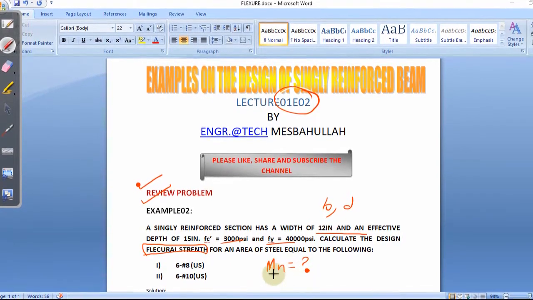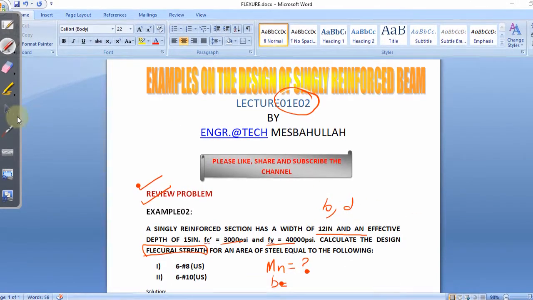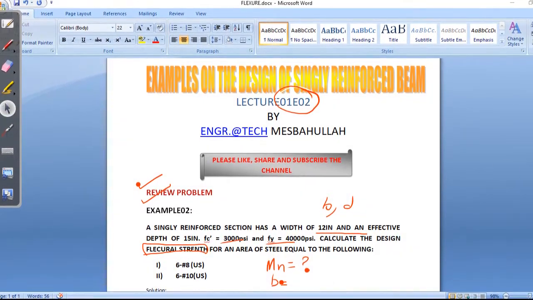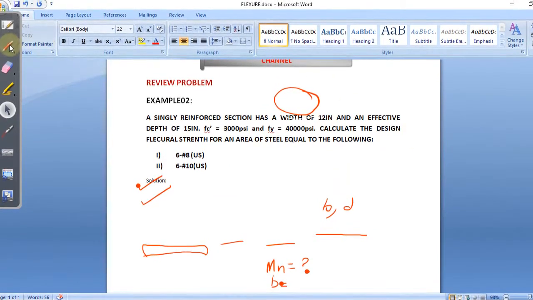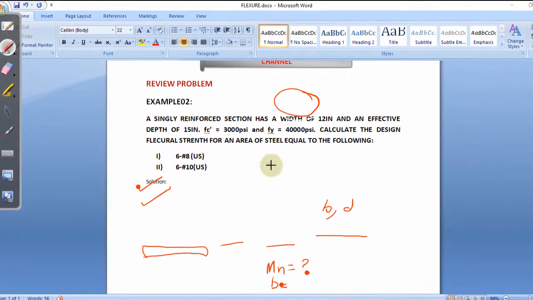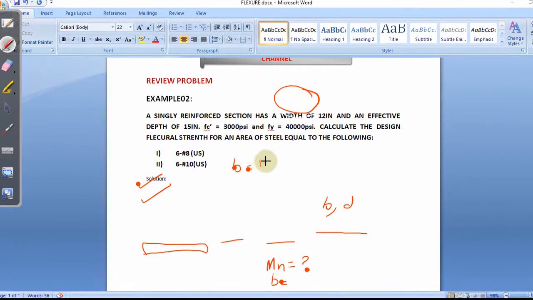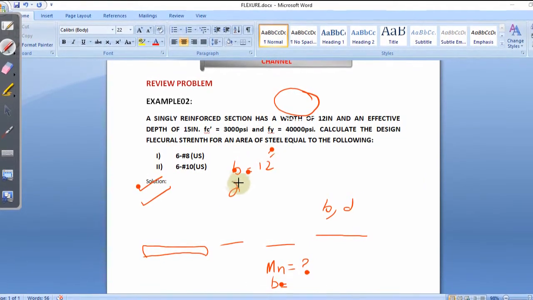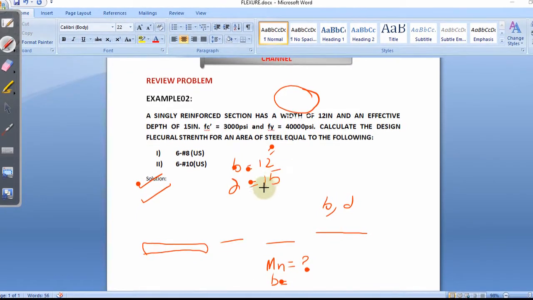So because we see b is given, that is 12 inches, and effective depth is given, that is 15 inches.